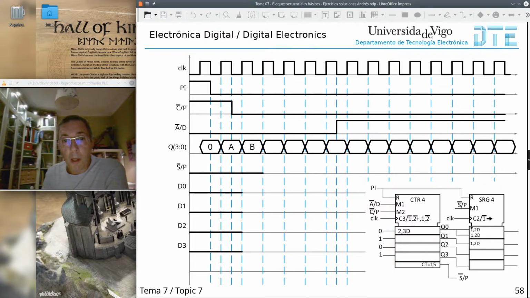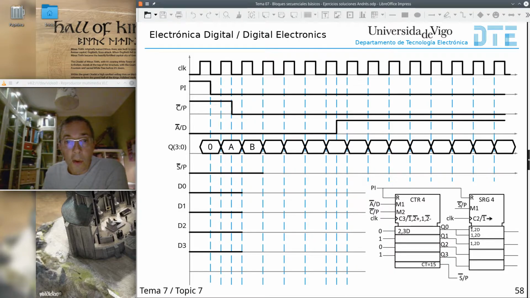For our register, here the input of this Q0, now that we have the A number here, the A number is here too. So we are going to propagate this 0 that is at the Q0 output to here.